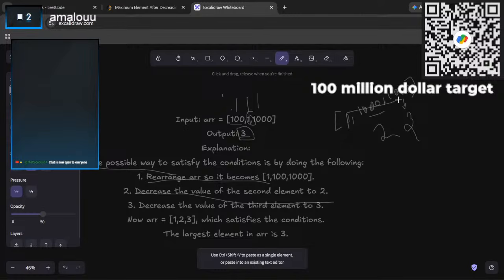If we are trying to find the largest element, it is going to be 3 out of all elements. But I'm not able to understand why they converted this. How are they converting this to a normal one-digit number like 1, 2, when we had a big number here like 1000?